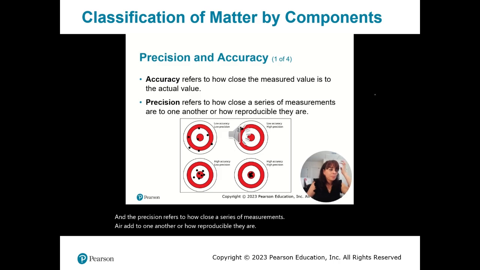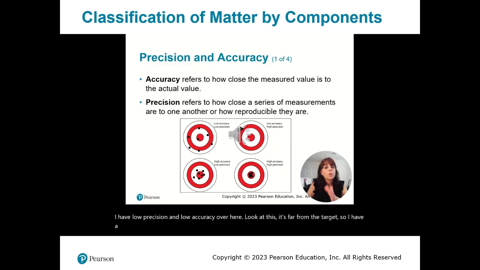Like here, see, all my measurements are very far away from each other and also from the target. So I have low precision and low accuracy over here. Look at this. It's far from the target, so I have a low accuracy. But they are pretty close to each other, so I have a high precision.